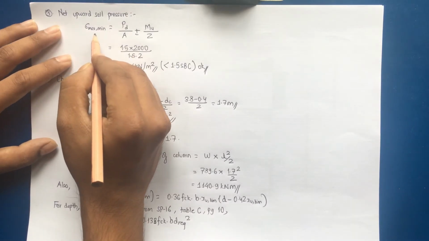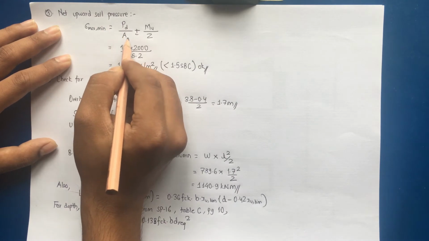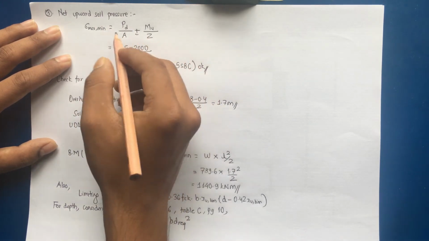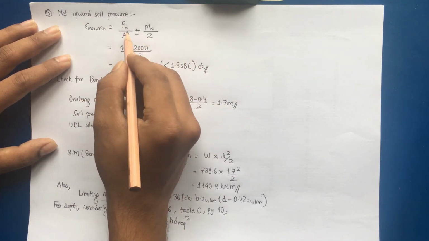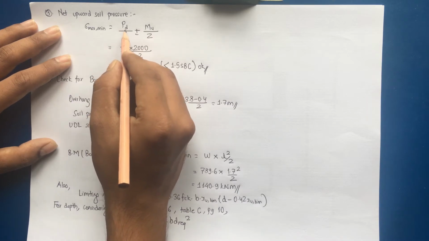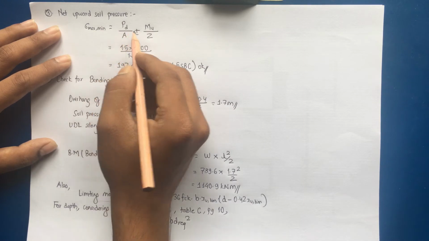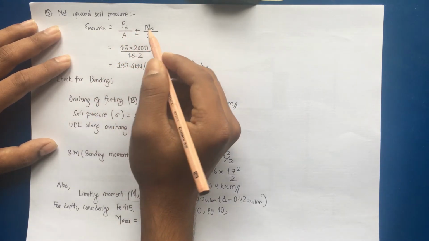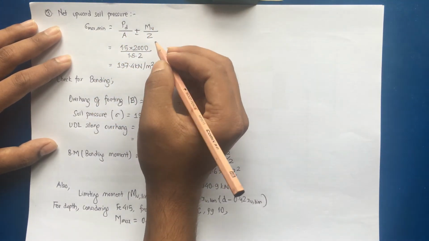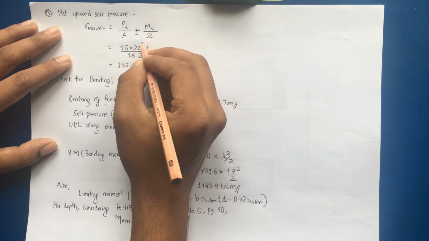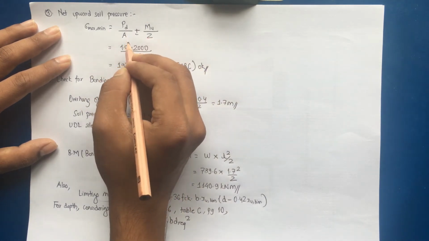So sigma max or minimum is equal to PD by A plus Mu by Z. PD being the design force. Now it will be a factored load here, not unfactored. We are taking the factored load. Mu being the moment about axis x and y. Z being the section modulus. A is the area provided.